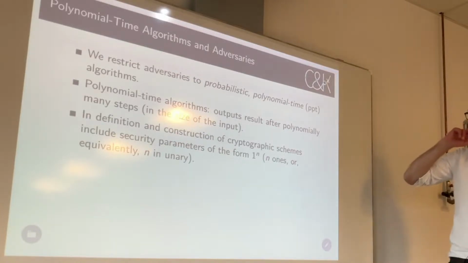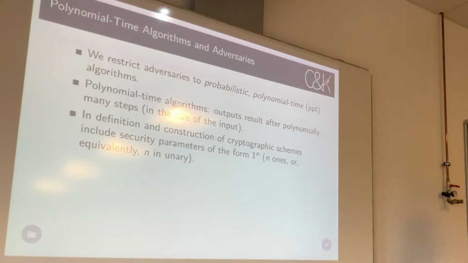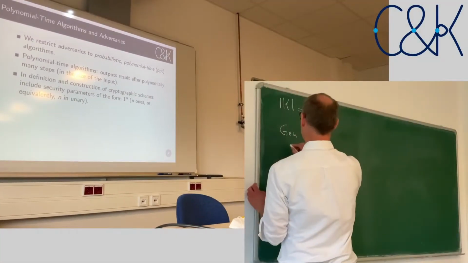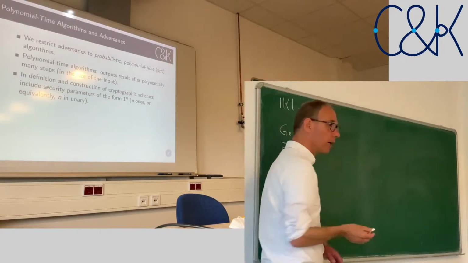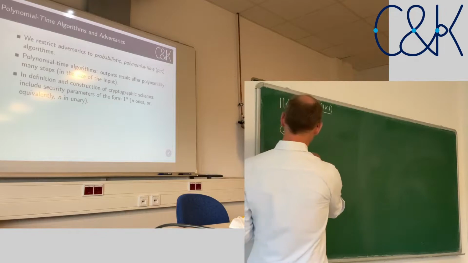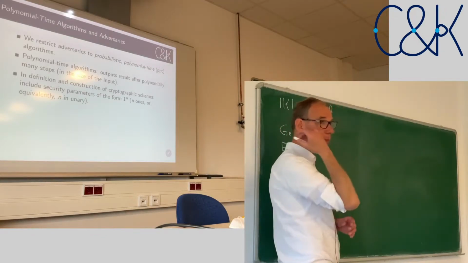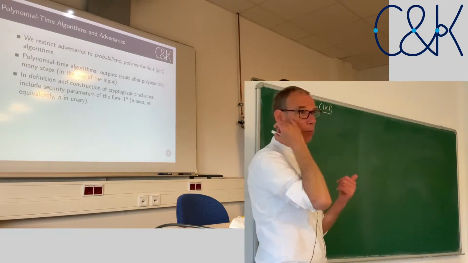And let me go back to that. If you remember, when we talked about our encryption scheme so far, we had these three algorithms, right? Keygen, the encryption, and the decryption algorithm. For the encryption, we had basically two inputs, right?